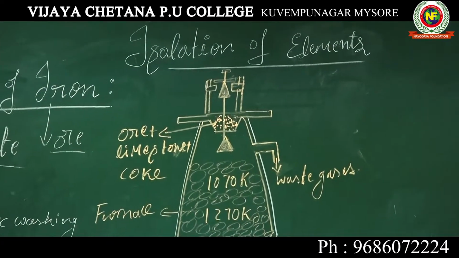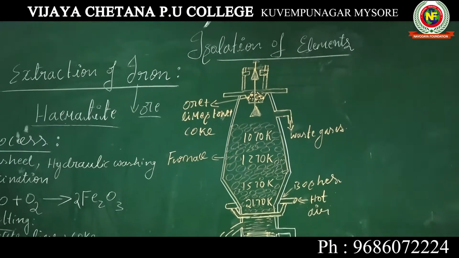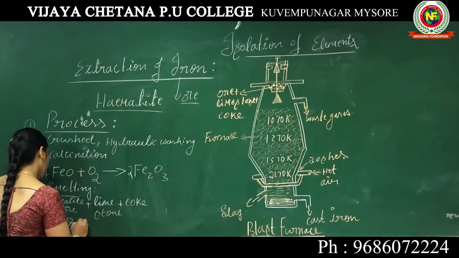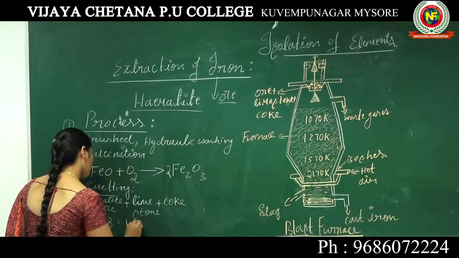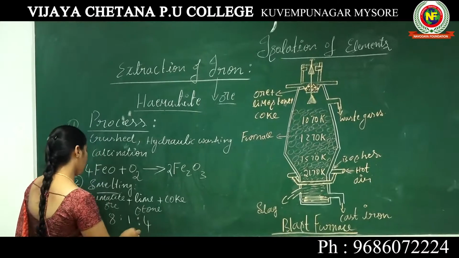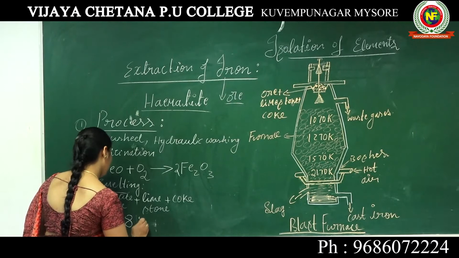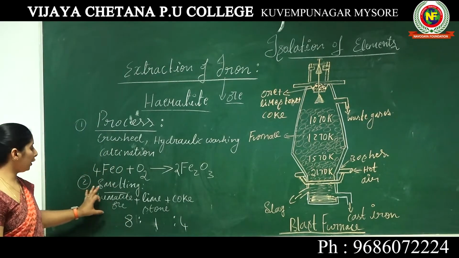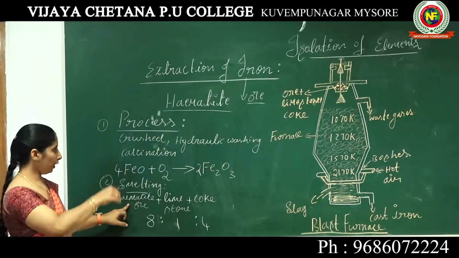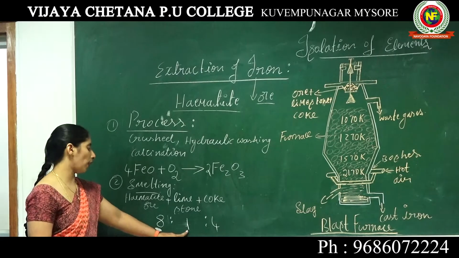These three, the hematite ore, the limestone and the coke, we introduce into this blast furnace in the ratio of 8:1:4.